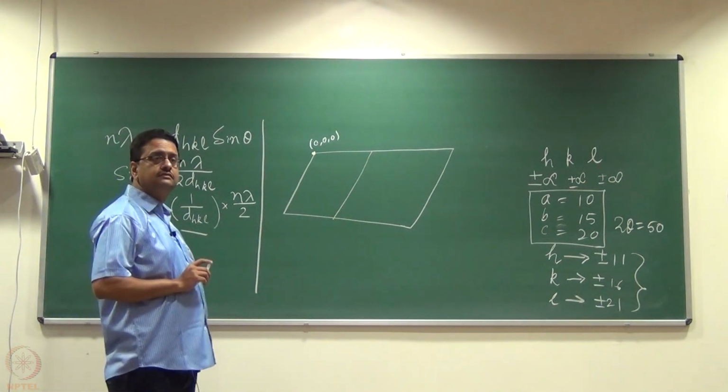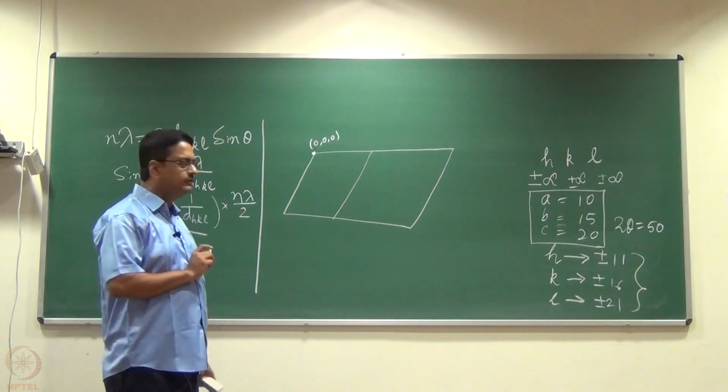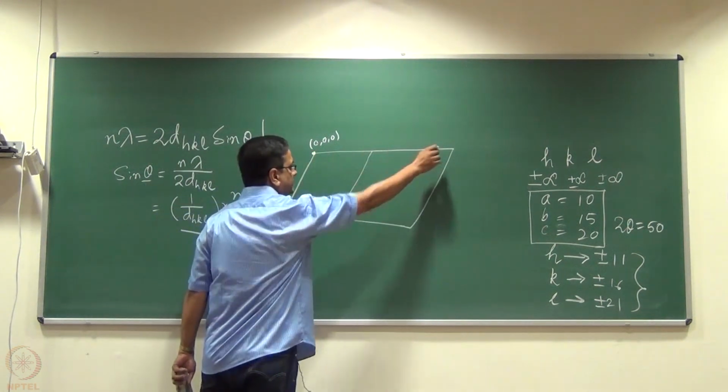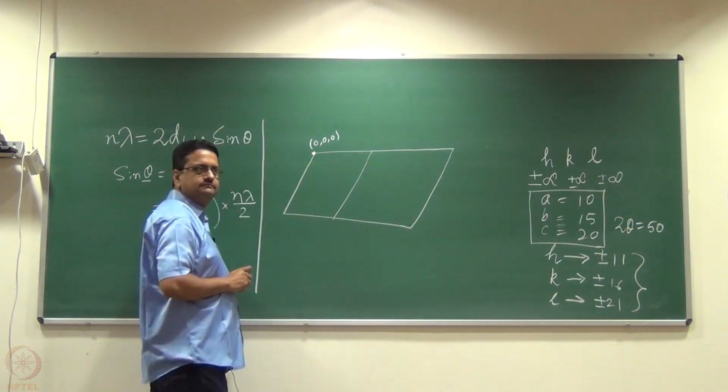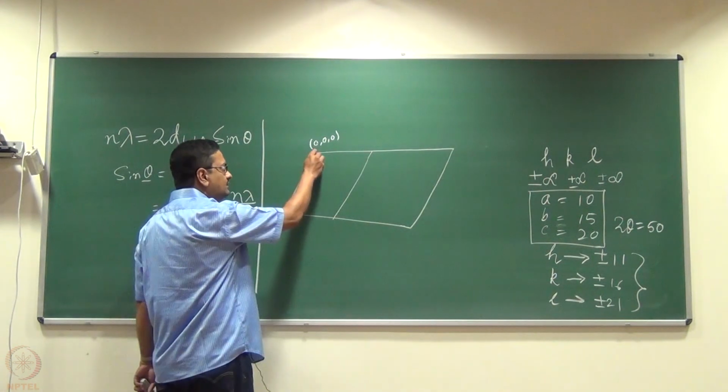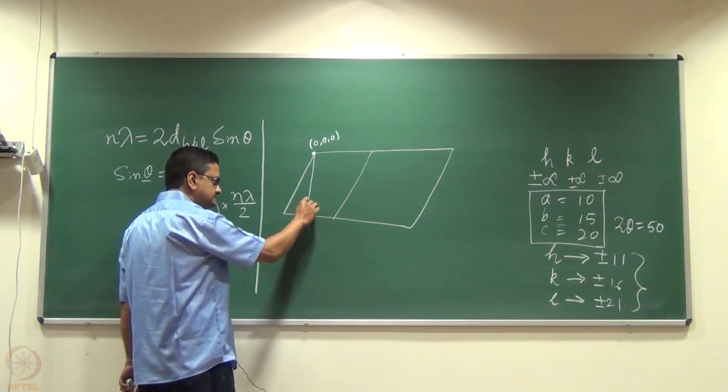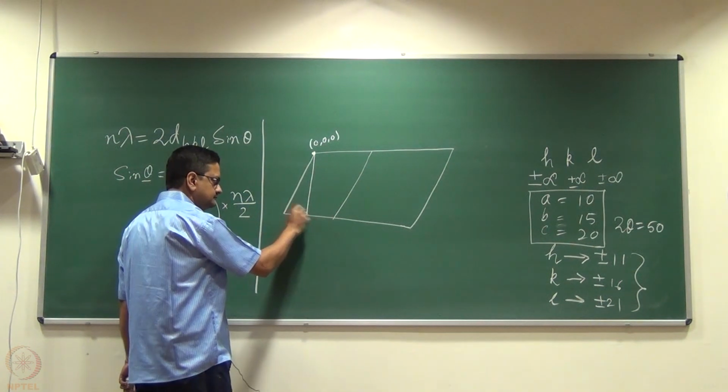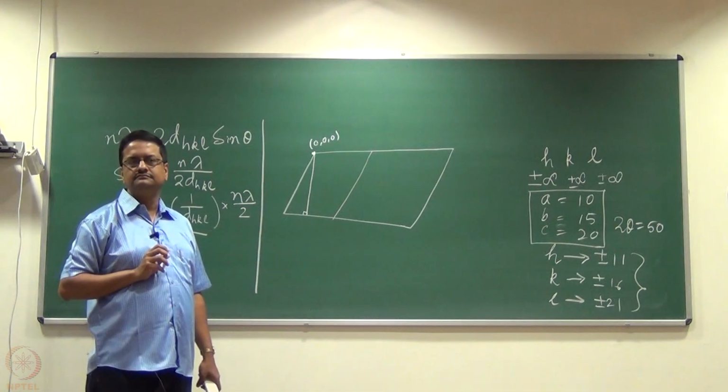Now, what I am trying to do is, I have one set of parallel planes going like that. So the perpendicular distance between them is what?